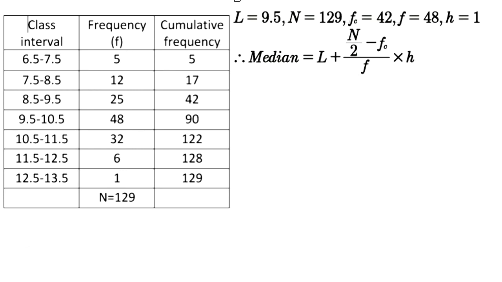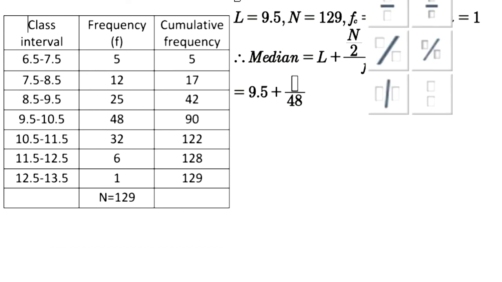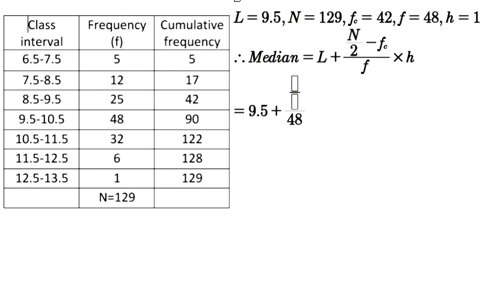Now we will substitute the values into the formula. L value equal to 9.5 plus, F value equal to 48, and in the numerator, N divided by 2. N value 129, divided by 2 minus FC.